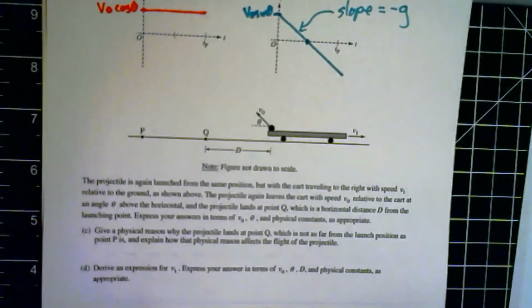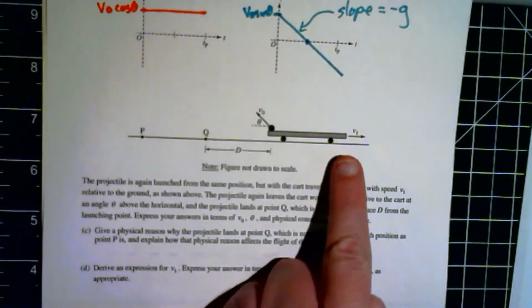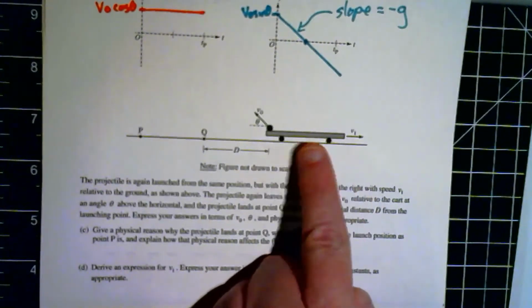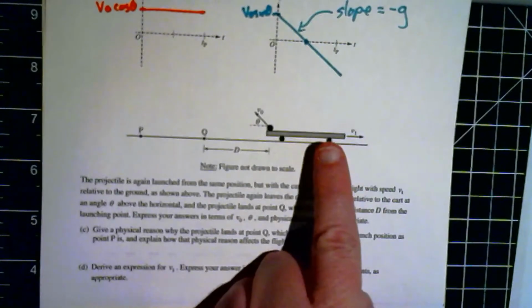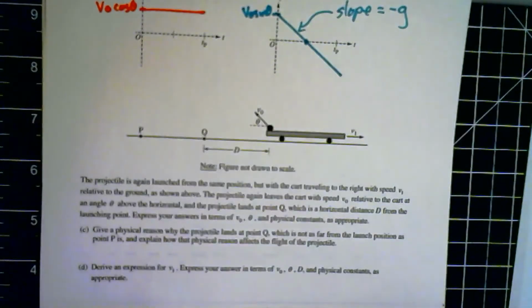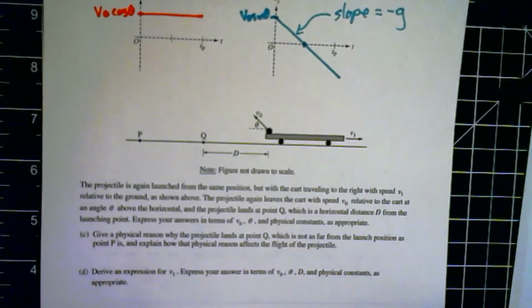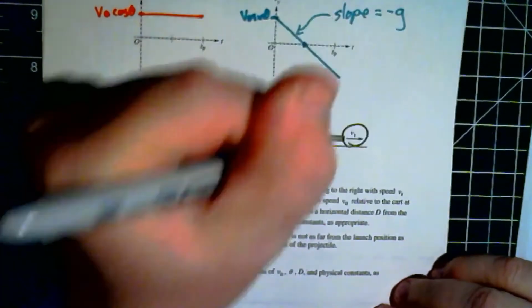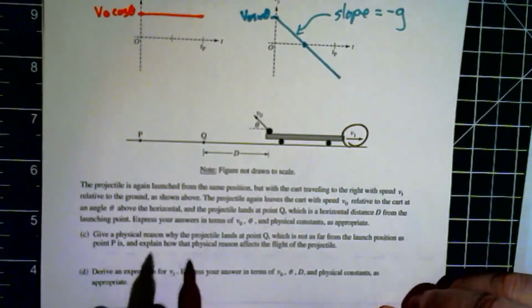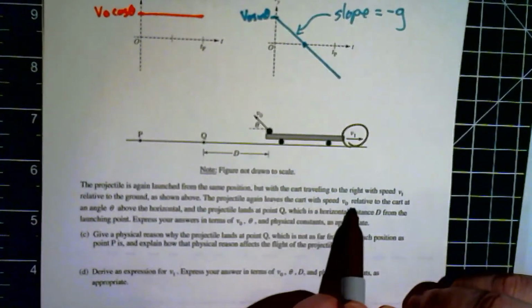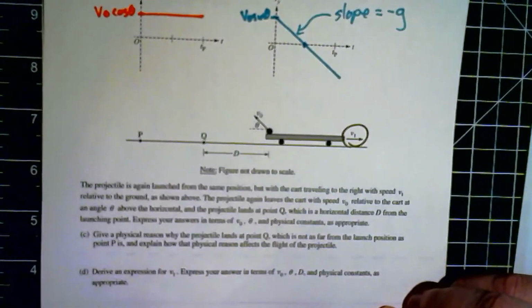All right, question C is now pertaining to a new situation where they remove the little supports that keep this cart from moving. And it says that the cart has an initial speed v1. So it's already moving with a speed v1 to the right here. The projectile again leaves the cart with speed v0, so it's still launched in the same condition that it was before, at the same angle.